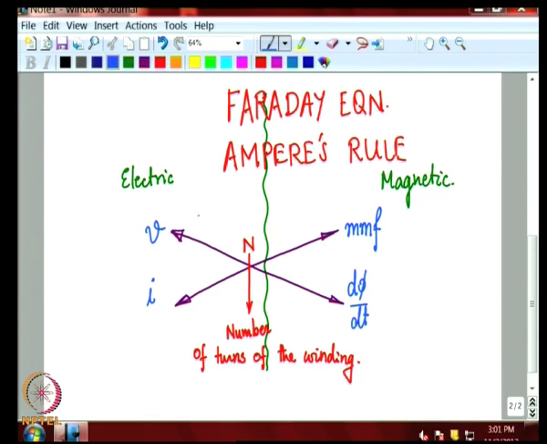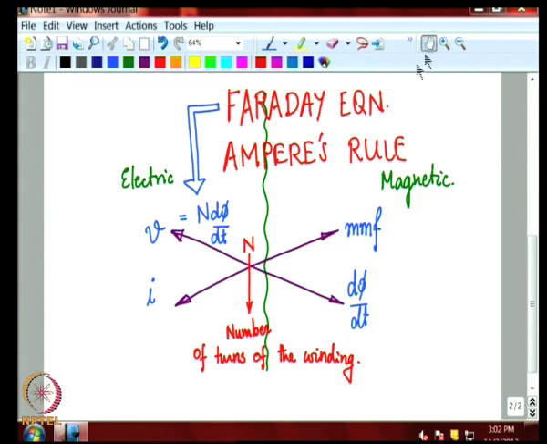V is equal to n times d phi by dt. This is called Faraday's law. The voltage across the winding is equal to n times the rate of change of flux within the core. So, that is the first.